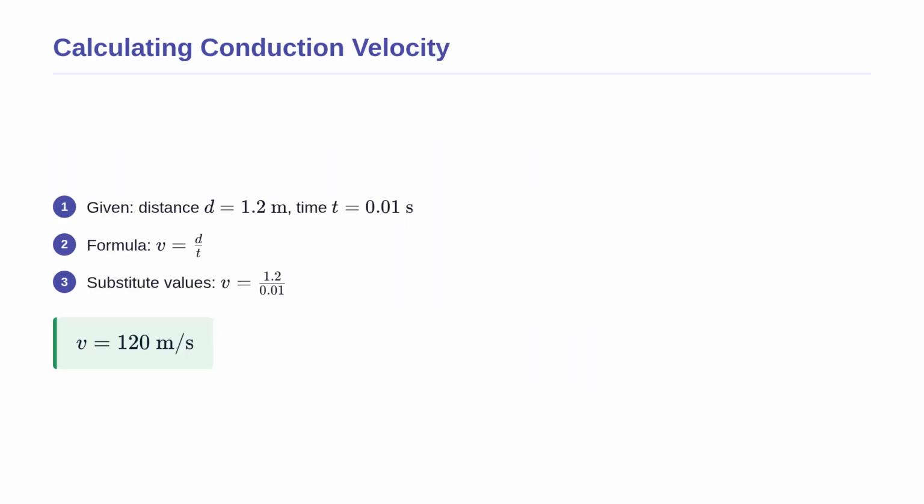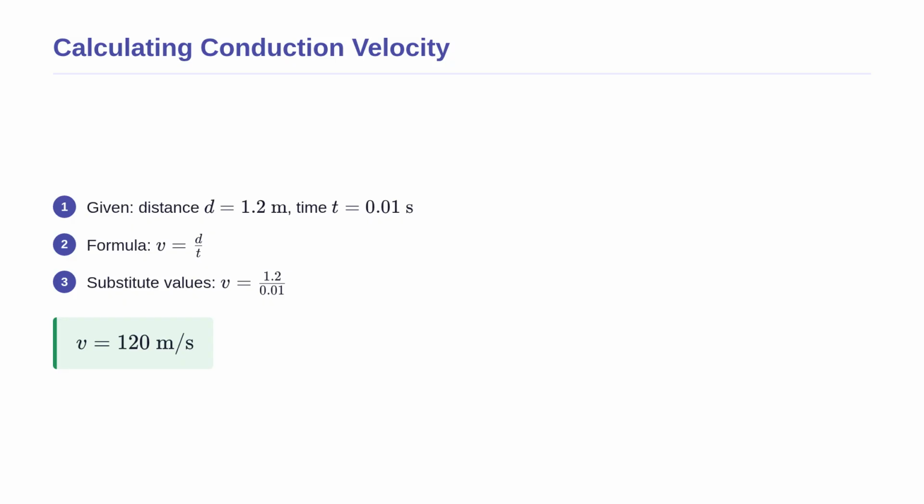Before we move on to more complex properties, let us see this velocity formula in action with a concrete example. Suppose an electrical signal needs to travel from your lower spinal cord all the way down to a muscle in your big toe. We are given that the total distance is 1.2 meters, and clinical sensors show it takes exactly 0.01 seconds to arrive.